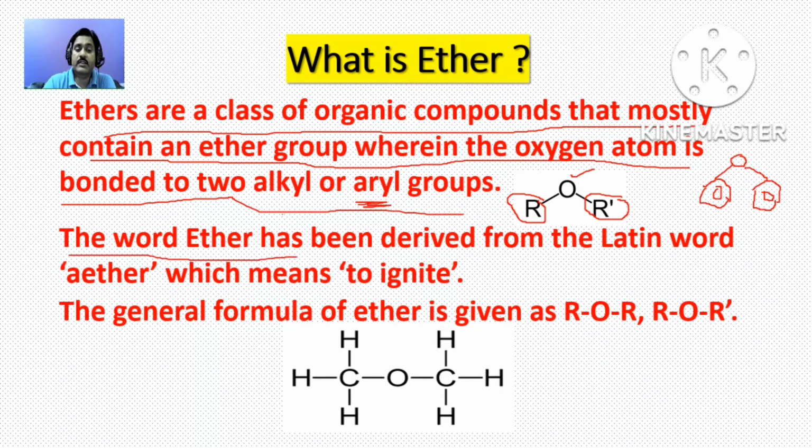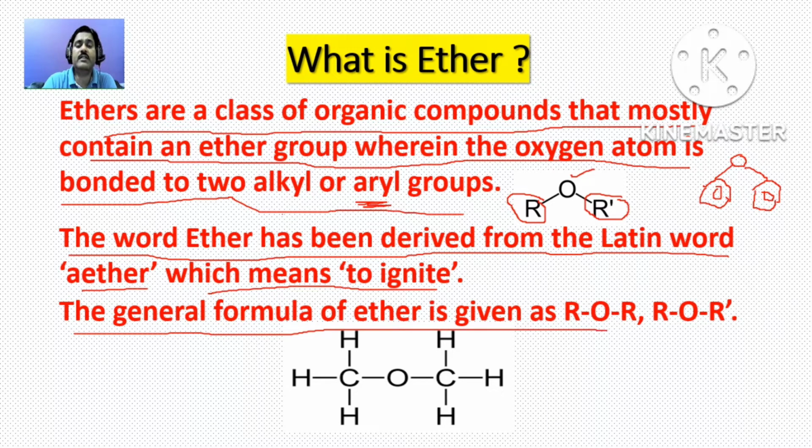The word ether has been derived from the Latin word ether, which means to ignite, a burning substance. So ethers are burning substances which catch fire very easily. The general formula of ether is given as ROR and ROR dash.